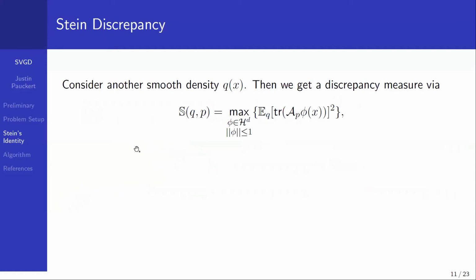So we are considering a new density called q. And then we have the same thing, but again with a trace, so it's one-dimensional. And we know that this is probably not going to be 0. Now you can see that we chose this phi from some sort of an h to the power of d, and I will go over that in a second.